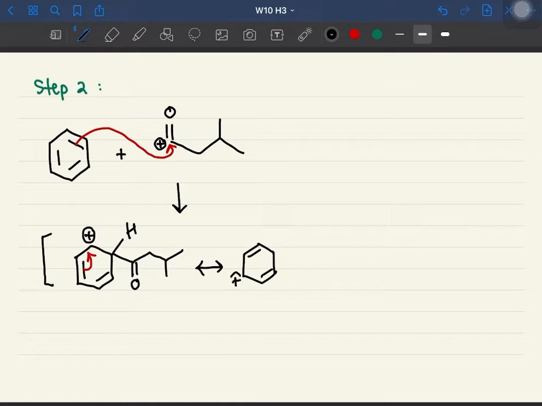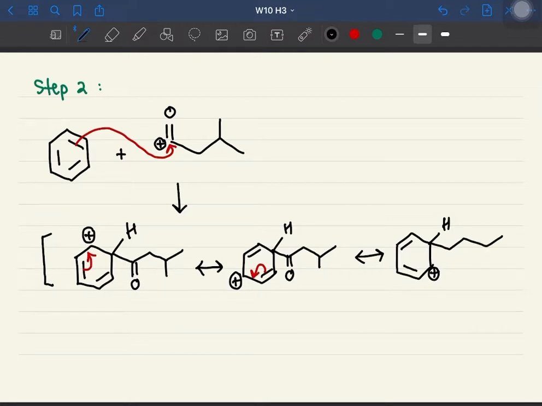So the positive charge will be here. And then the last movement of this electron will be here. Alright, so close it with a square bracket to indicate that they are all resonance structures of one another.